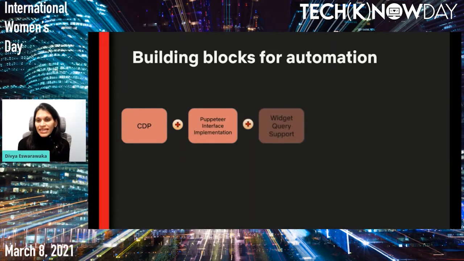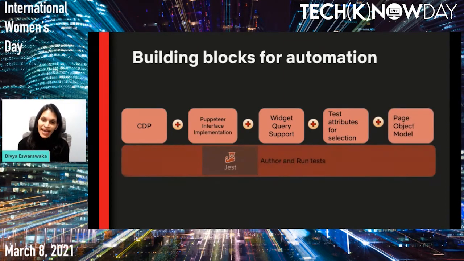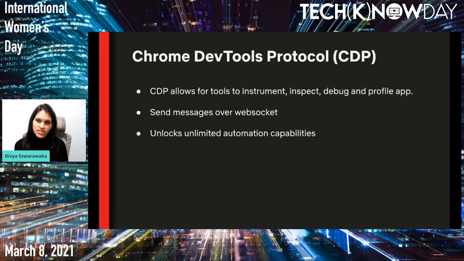And third is adding support for widget queries to be web-like, enhancing with test attributes for selection, and also enhancing our page object model. And tying all this together, we use Jest to write and run these tests. So let's go into the details of each building block.